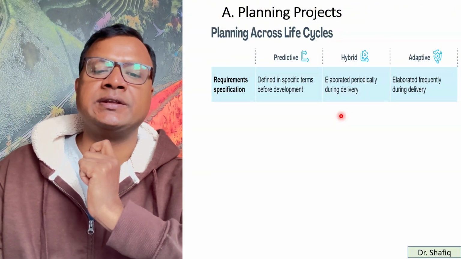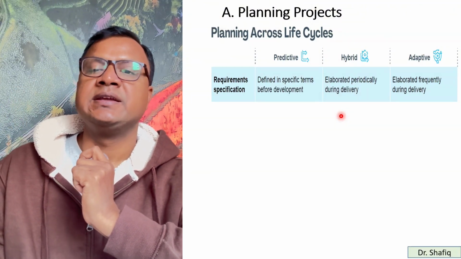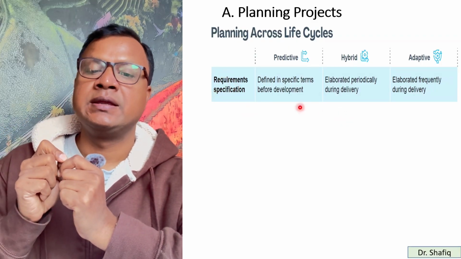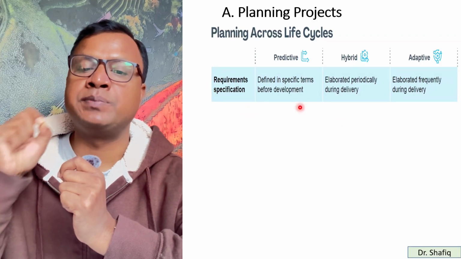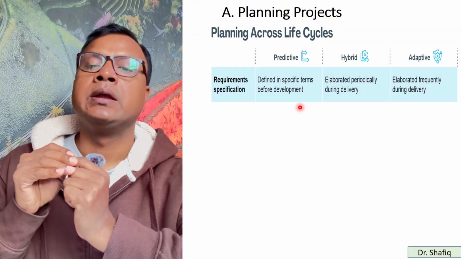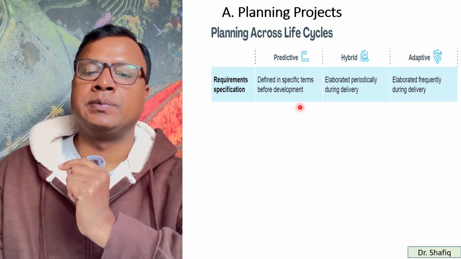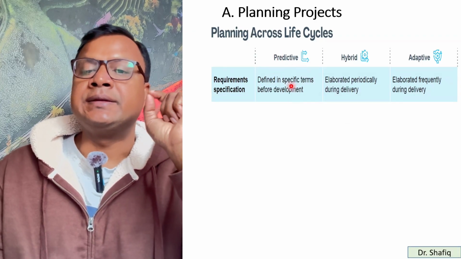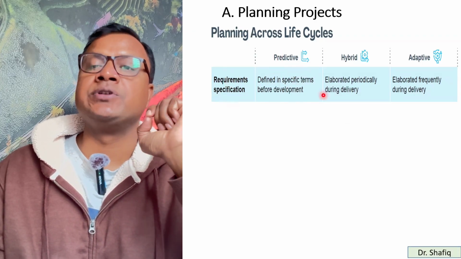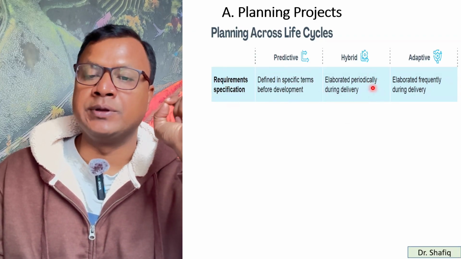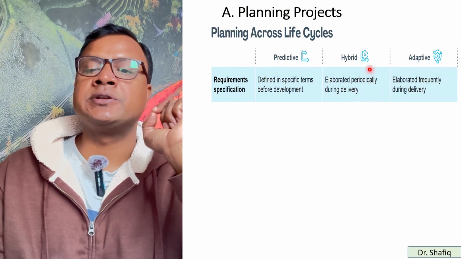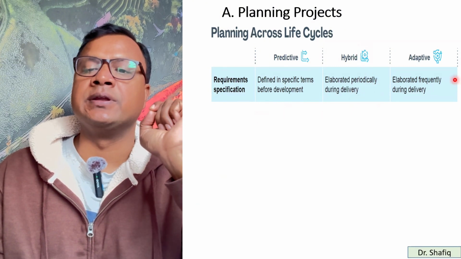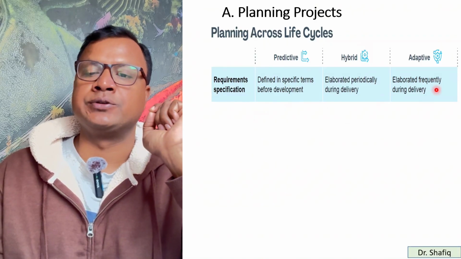If we consider the requirement specification, if the requirements can be defined in specific terms, can be predefined, pre-planned before development, then we call it predictive. If the requirement specification is elaborated periodically during delivery, then it is called hybrid. If the requirement specification is elaborated frequently during delivery, then it is called the adaptive approach.